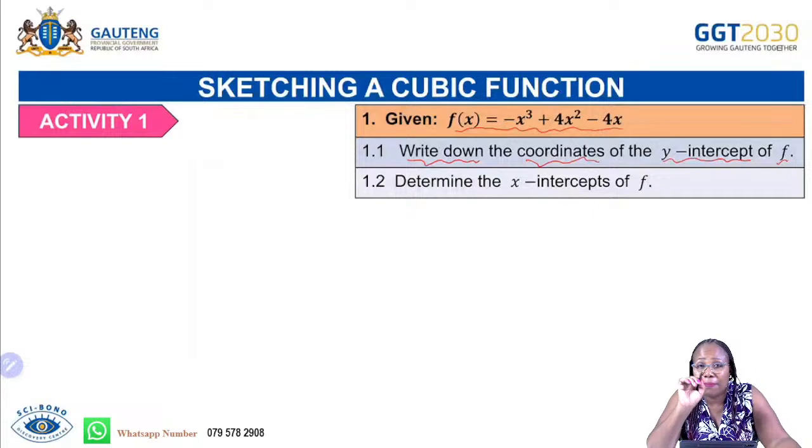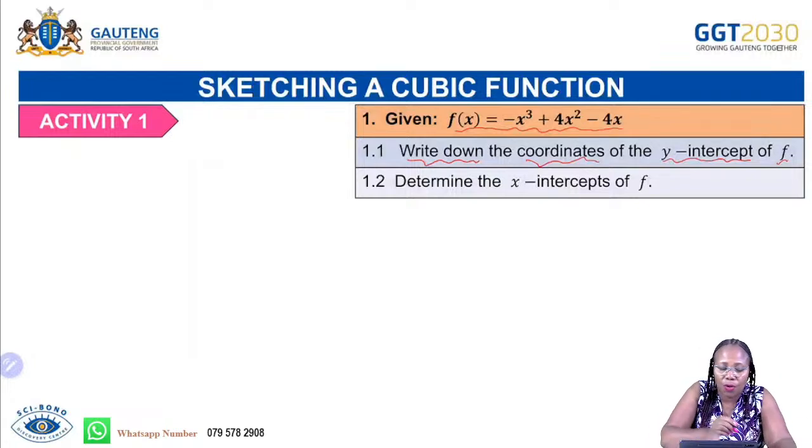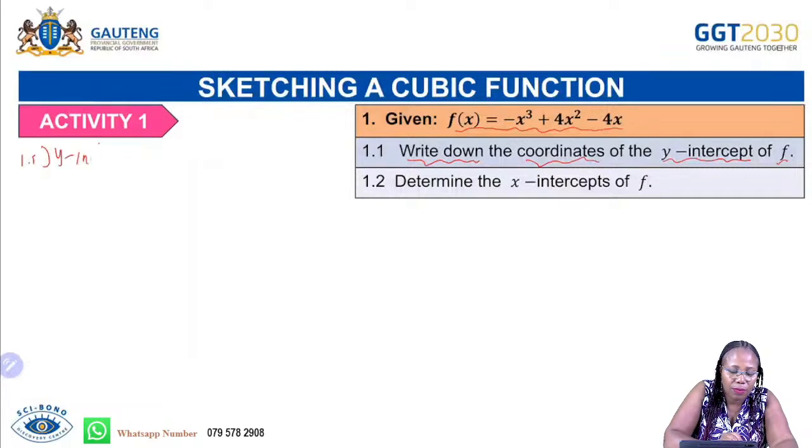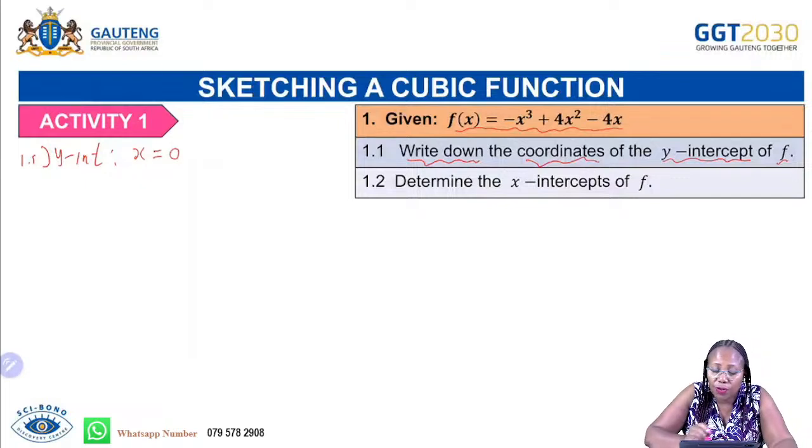Now, remember previously as we were looking at the steps that you do when you sketch your graph, we said when you determine the y-intercept, you let x equal to 0. We are looking for the y-intercept, so we let x equal 0. So if x is 0, that means, grade 12, we put a 0 here, plus 4 into 0 squared minus 4 into 0.